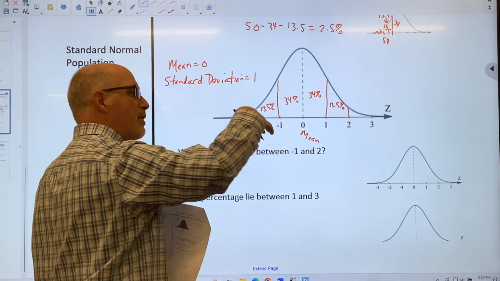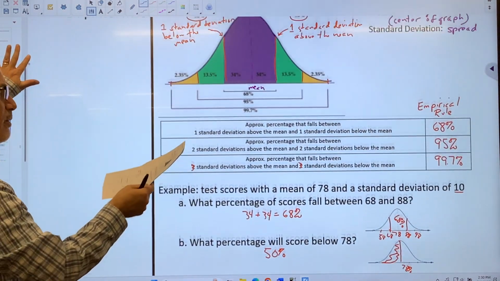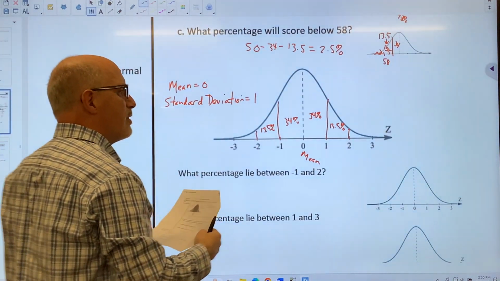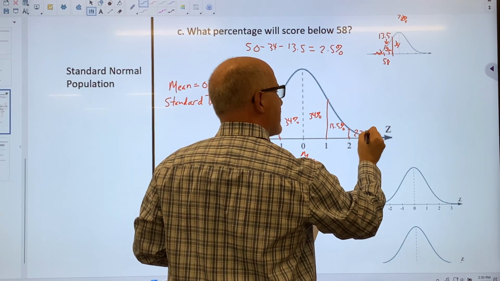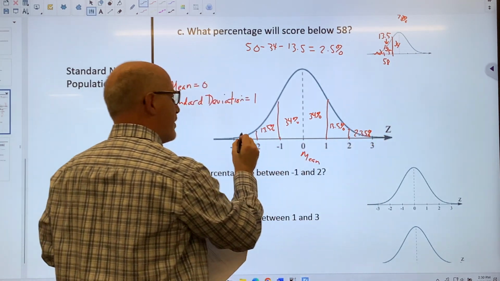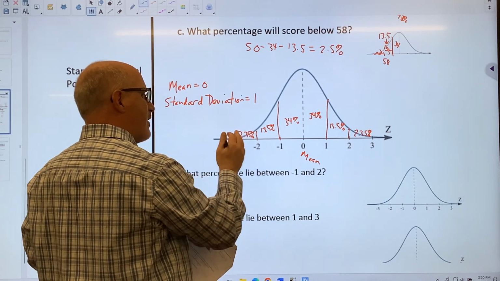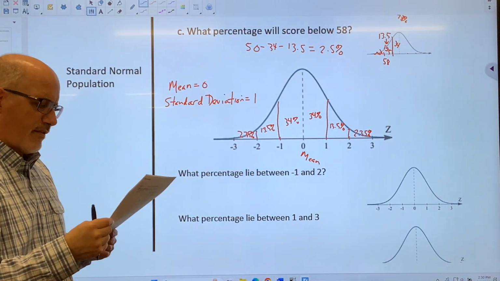These are just mirroring what we have up on this graph up here with these percentages. And then between 2 and 3, we have 2.35%. And out here we have 2.35%. And then there's little tails a little bit past 3 and -3.